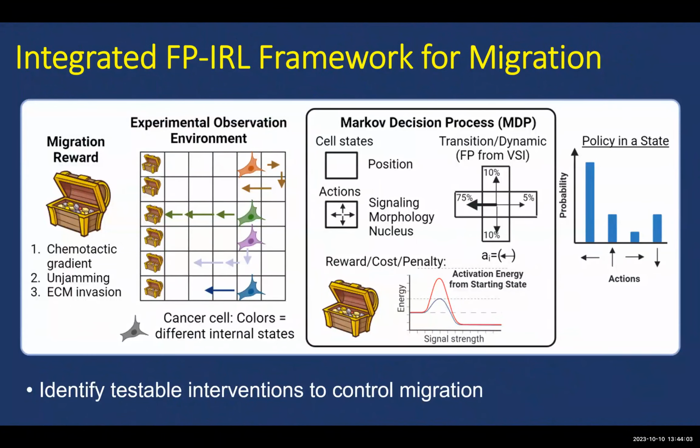So this is just kind of an illustration that helps me, if no one else, to understand what this framework does. You've got heterogeneous cancer cells moving toward their reward.